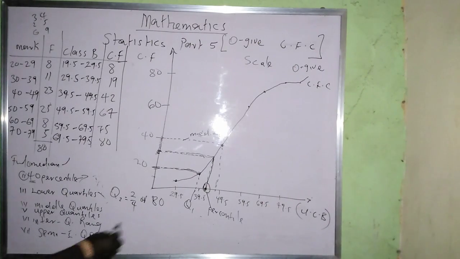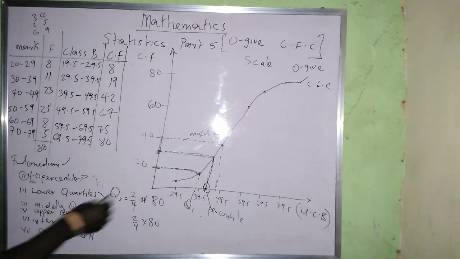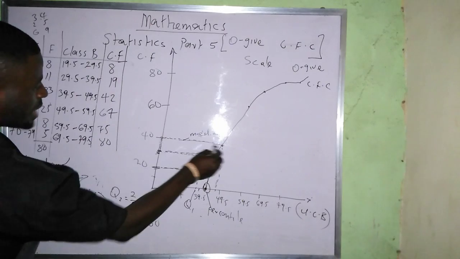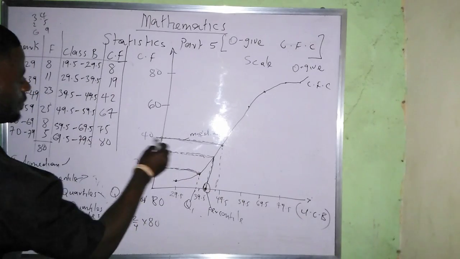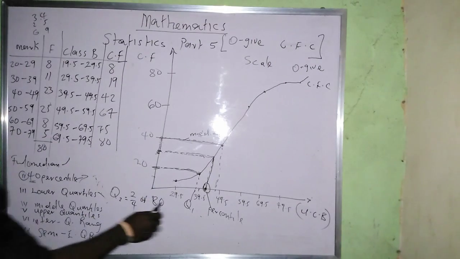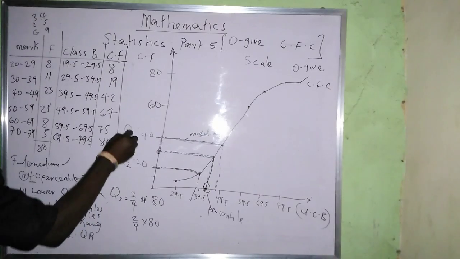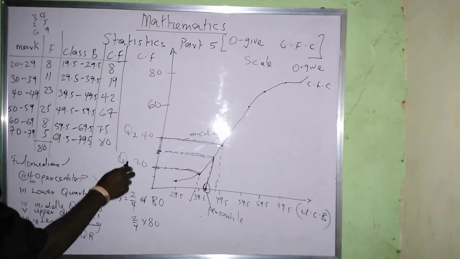So 2 all over 4 times 80 is 20 times 2, which is 40. That is my middle cumulative frequency range. Also trace down. Now this is my Q1, this is my Q2.